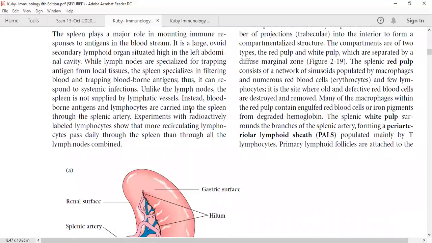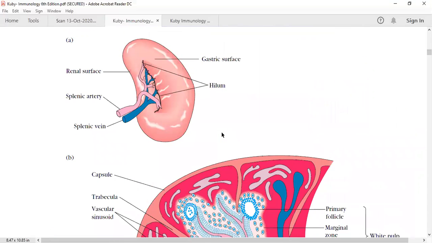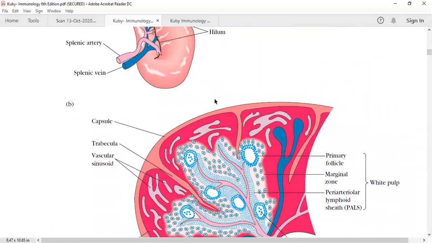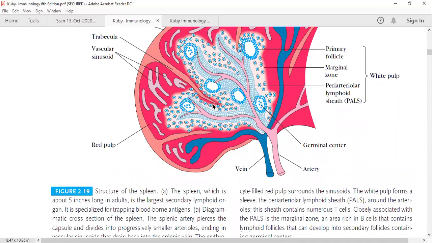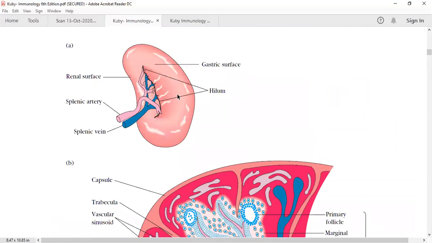But if the antigen is present in the blood, the spleen will help in removing this antigen or pathogen from the blood. If you see this structure, this is our spleen. Spleen is ovoid in structure, but in this diagram it is very similar to a bean shape, kidney shape, right?